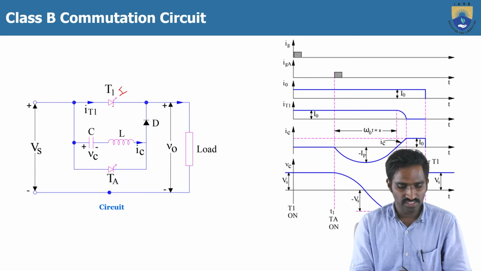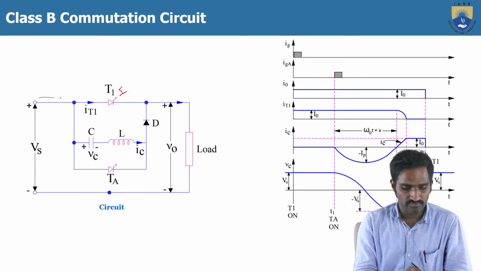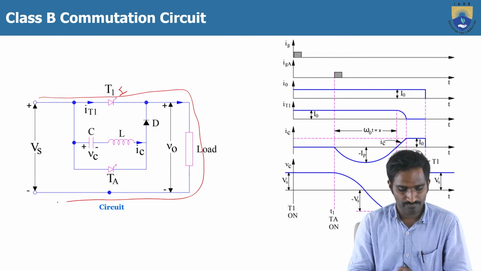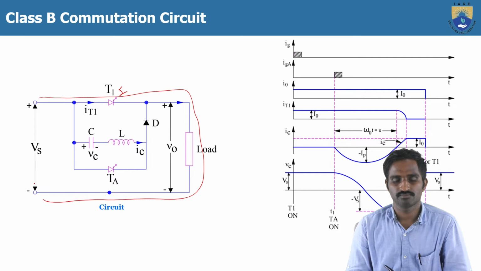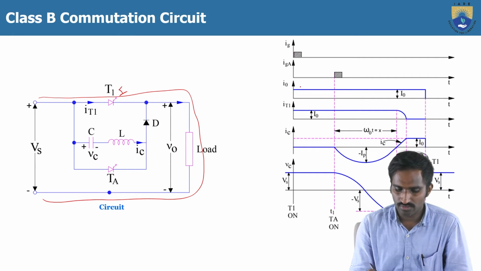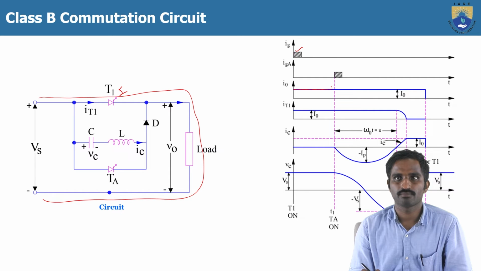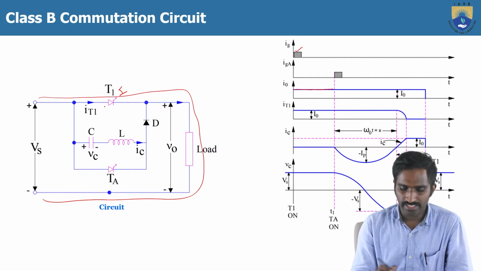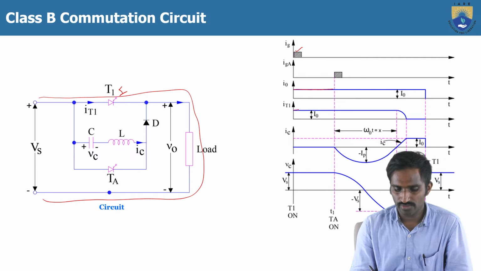When the thyristor T1 is turned on, the load current will flow from T1 to the load in this way. When you give the gate signal IG for the thyristor T1, the load current will start to flow like this. The current flowing through the thyristor, IT1, is also the same as I0.